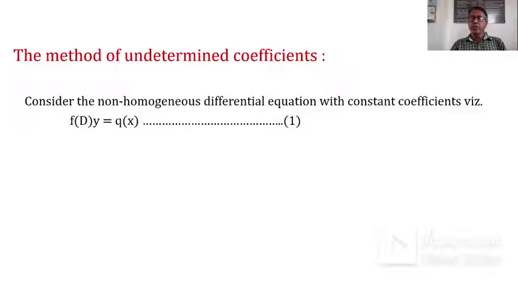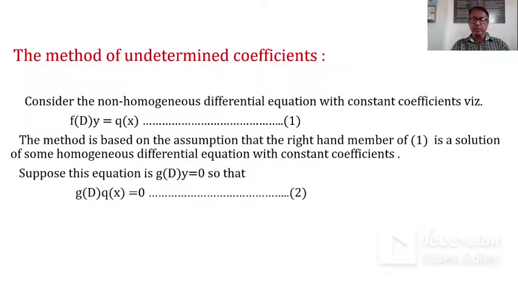Means this method is based on the assumption that the right-hand side, Q of x, is a solution of some homogeneous linear differential equation with constant coefficient. Suppose this Q of x is a solution of g of D of y is equal to 0, which is a homogeneous linear differential equation with constant coefficient.